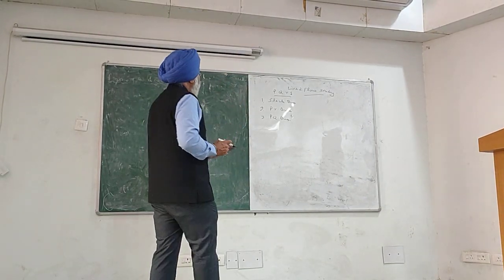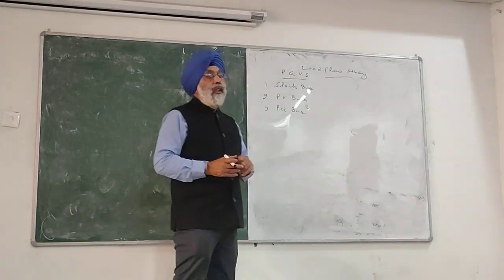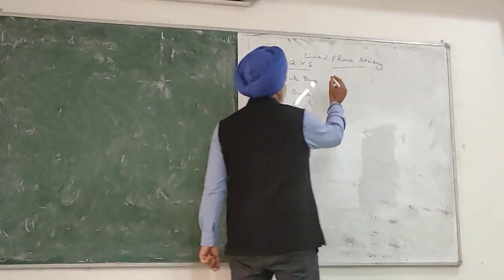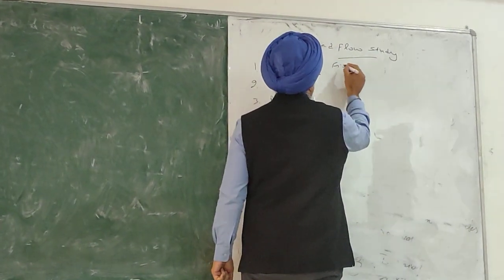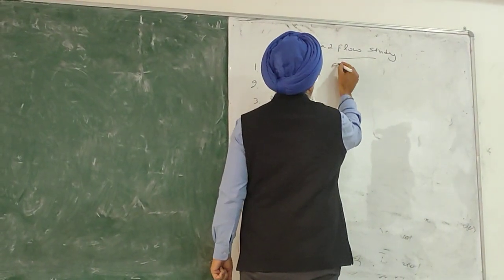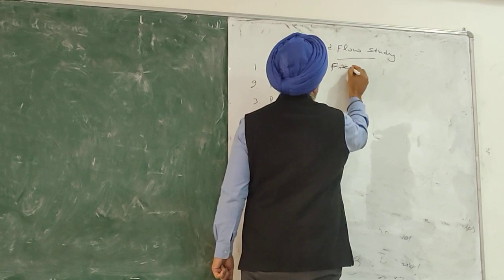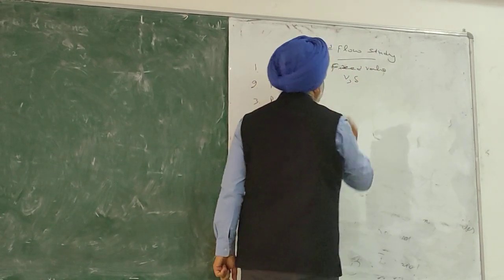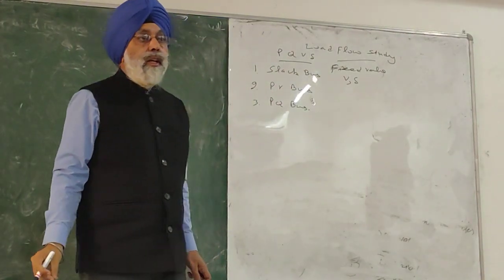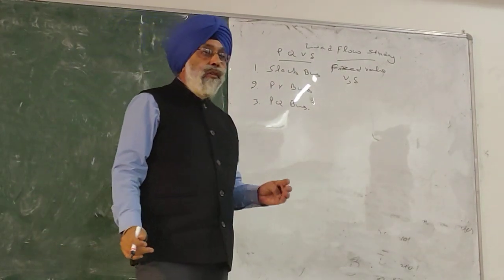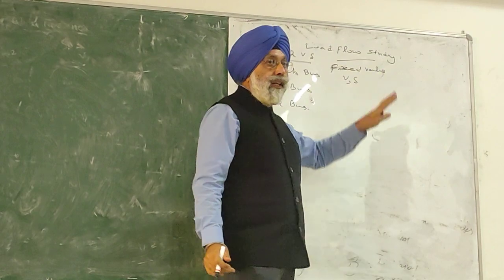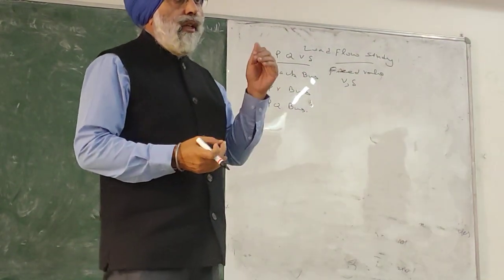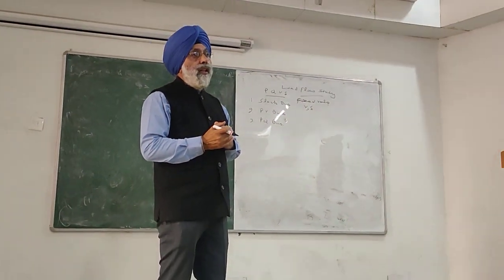In case of the slack bus, we control our bus in such a way that we fix the value of V and delta, and based on this V and delta at that bus, we have to find what will be the value of real and reactive power injection at that bus.